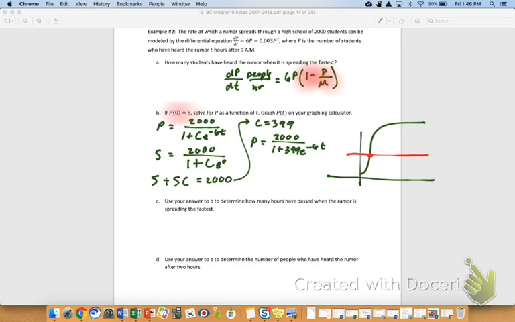This intersection point would indicate that time, when the rumor is spreading the fastest. So I would essentially set 1,000 equal to P of T from letter B. We should be able to use the calculator to solve that, or some hardcore algebra, as you suggested. Anybody get an answer for this? T equals what?